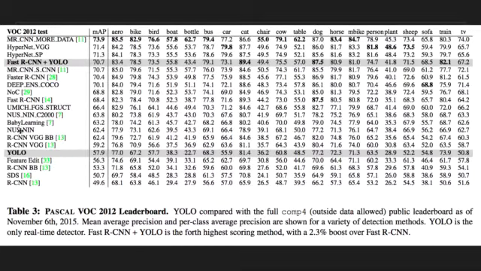Compared with other classifiers, as you can see, YOLO scored closer towards the bottom in terms of mean average precision. Nothing remarkable, but still reasonably well, considering that it's running in real time.